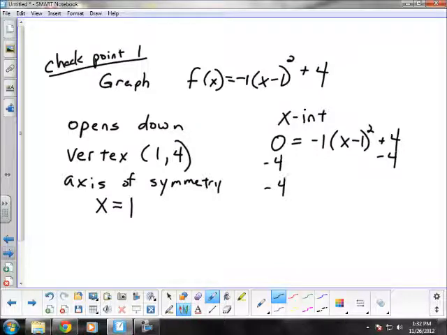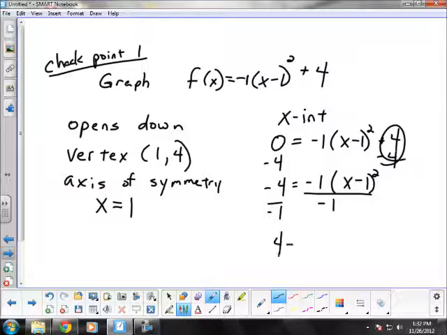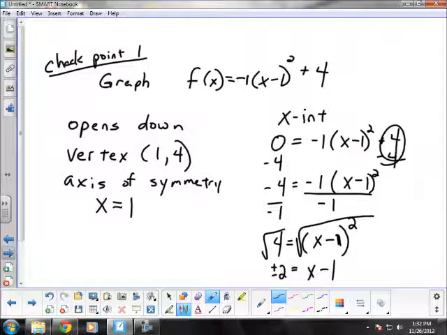So I've got negative 4 is equal to negative 1 times x minus 1 squared, because that's a 0 pair and it just drops off. Then what do I do? Divide by that negative 1. So I've got positive 4 is equal to x minus 1 squared. Take the square root of both sides. So I get positive and negative 2 is equal to x minus 1. Right? When I take the square root in the process of solving an equation, I get a positive and a negative value. I've got to add 1 to the other side.